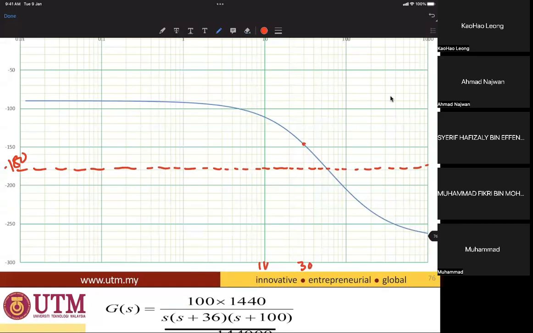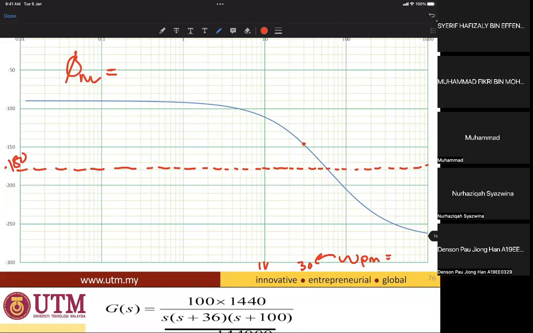So what is the value of the phase margin? 60 degrees? How did you get that? Phase margin.